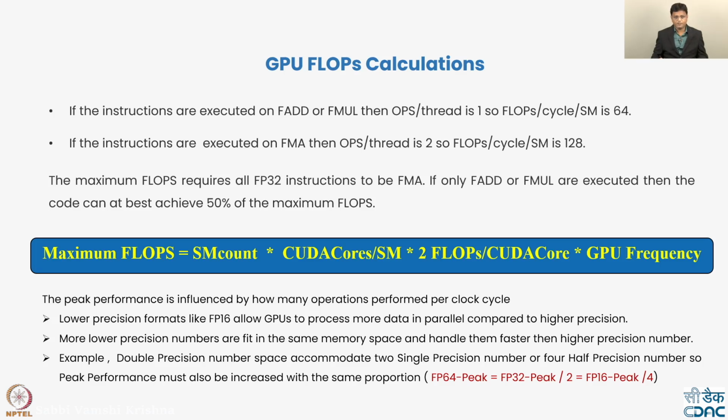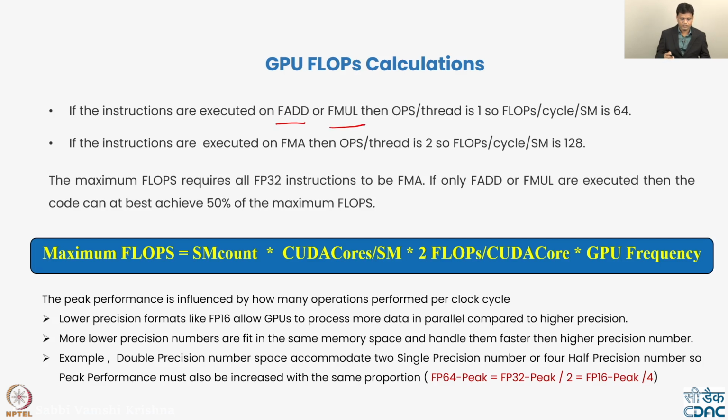Let us discuss the formula, how we can calculate. Before that, there are a few important points to remember in the actual calculation, because each core has some execution units, like FAD and FML.